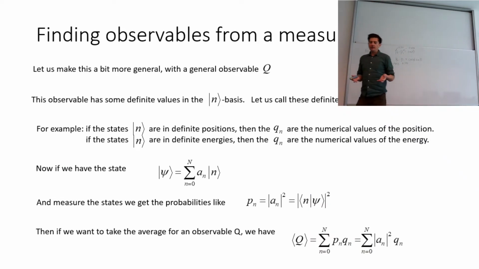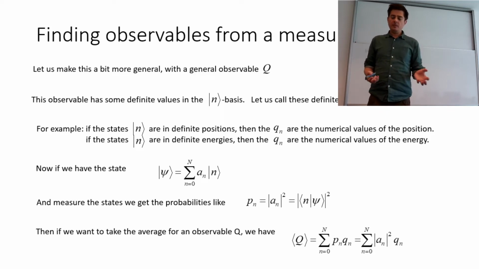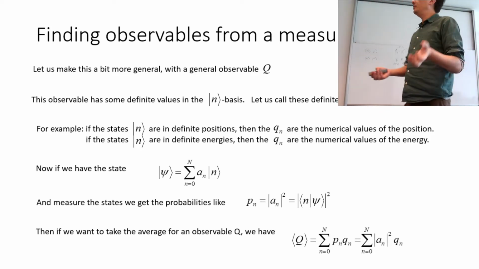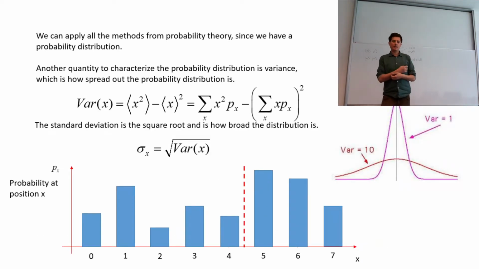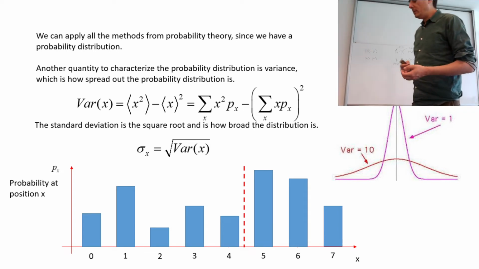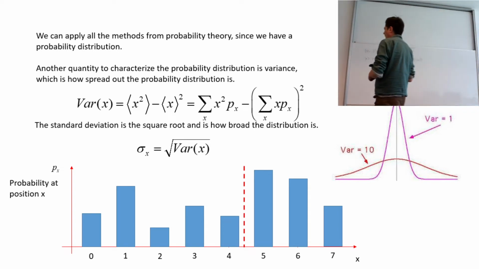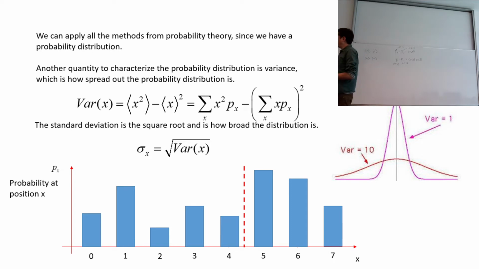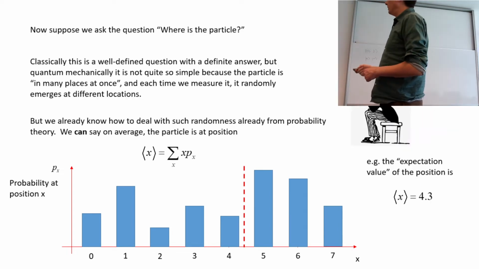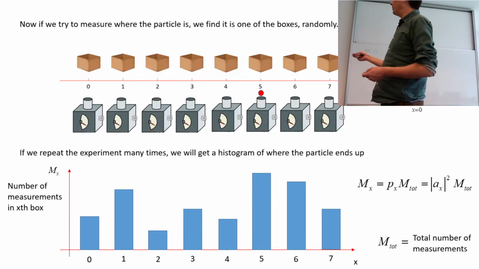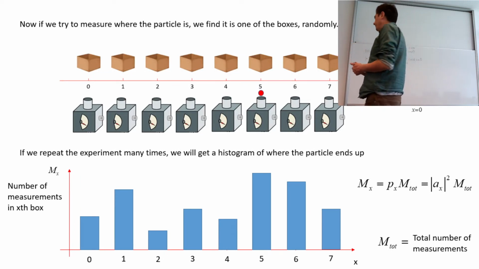Okay, so that's basically the way that we turn probabilities into an observable. Essentially, we just take a probabilistic approach, and we calculate averages, things like that. So this was just one example where I took position as the variable in question. But actually, you can do this for any quantity.